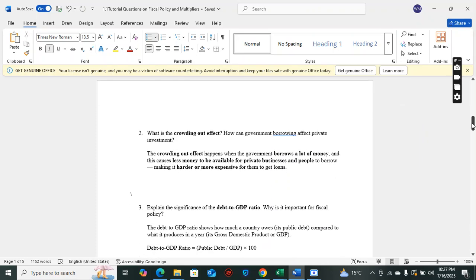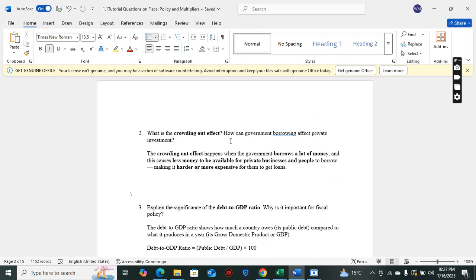Here we're talking about the crowding out effect, when the government borrows money and leaves less money available for businesses and other people to borrow.